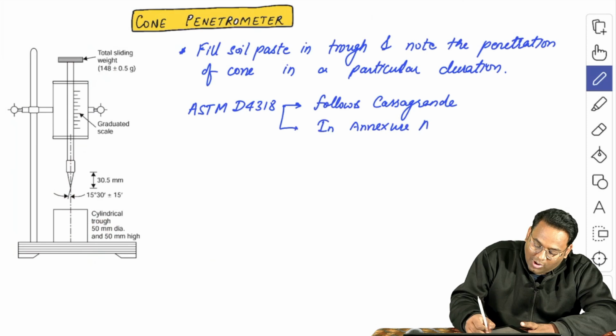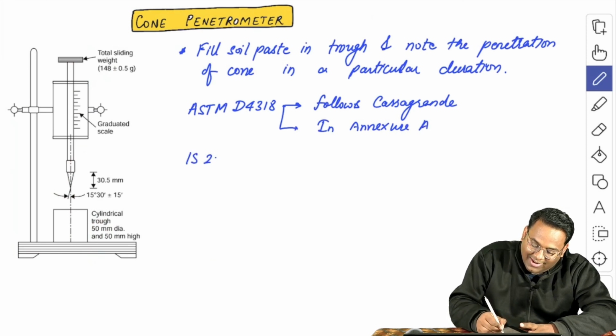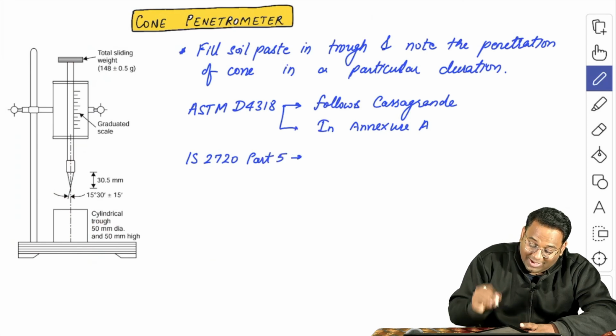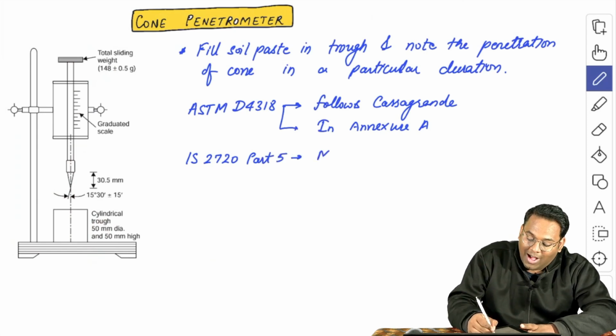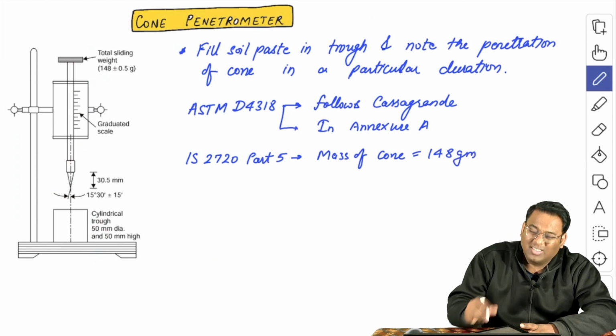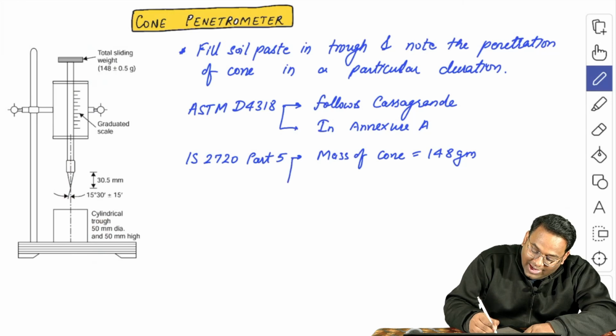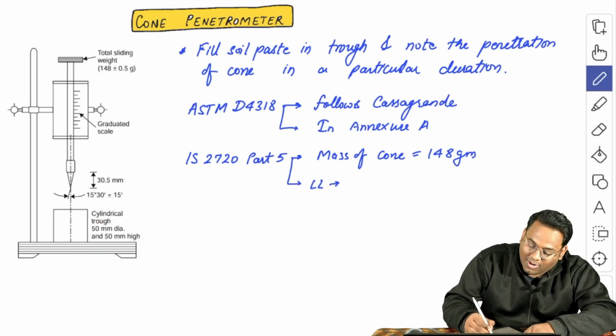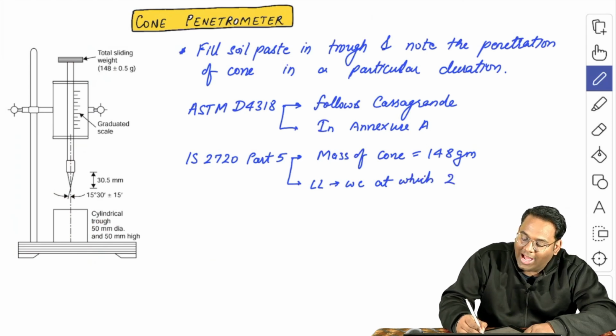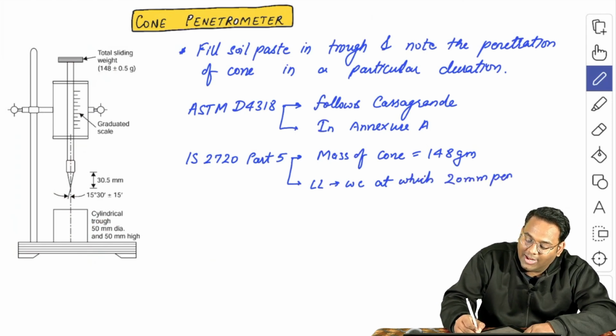Now if I am talking about the Indian standard, that is IS 2720, especially Part 5, it mentions that the mass of the cone setup is 148 gram, or sometimes it is also mentioned as about 150 gram, but the liquid limit is defined as the water content at which soil will have 20 mm of penetration in 5 seconds.